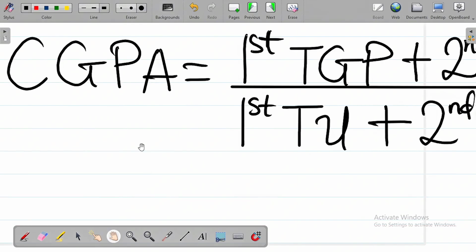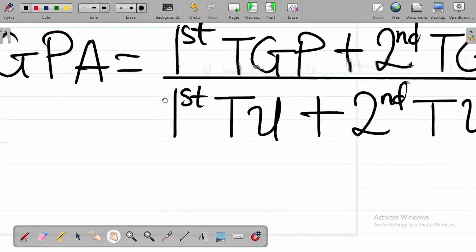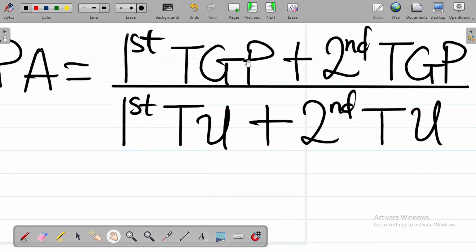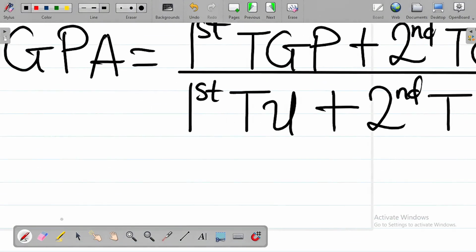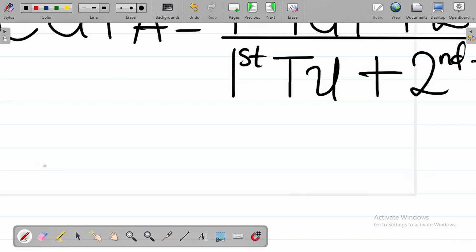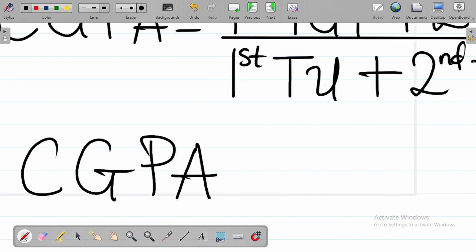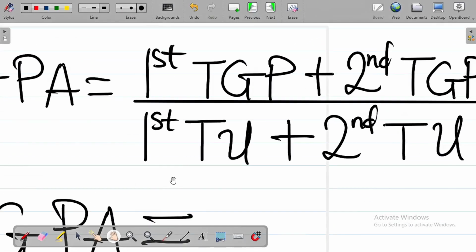All right, CGPA is equal to first semester total grade point plus second semester total grade point all over first semester total unit plus second semester total unit. So now let's substitute values. What's the first semester total grade point? Let's check.